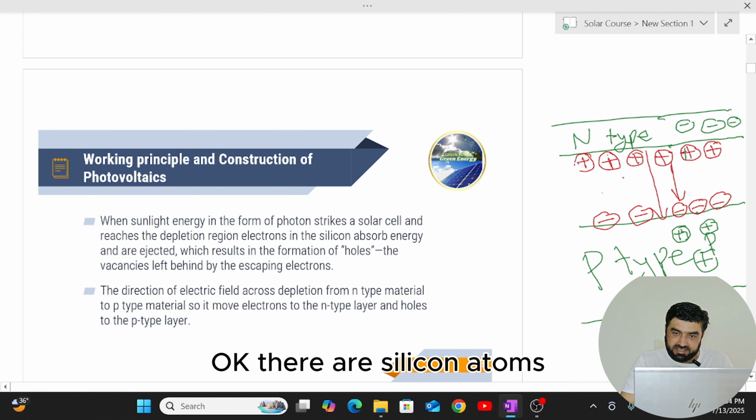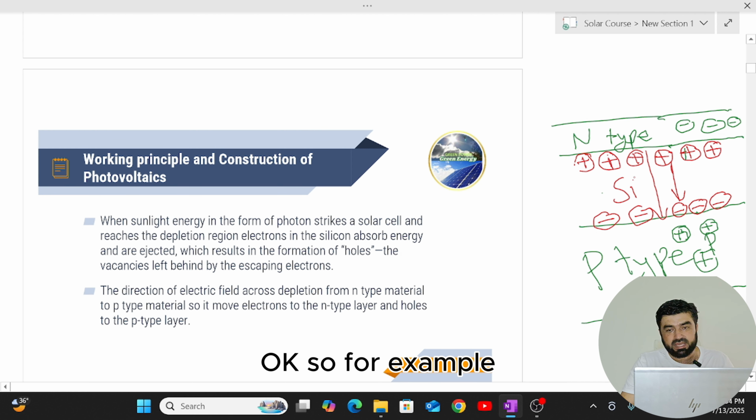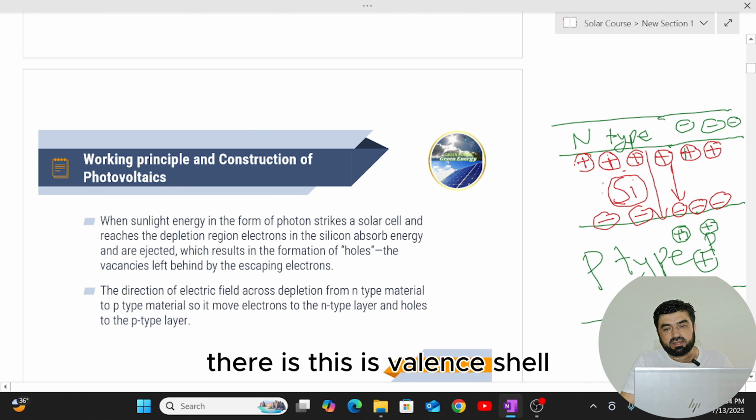Okay, there are silicon atoms. For example, this is the valence shell. The valence shell has 4 electrons.